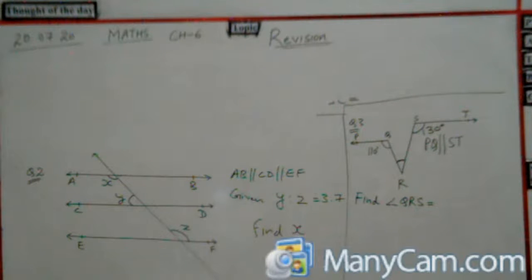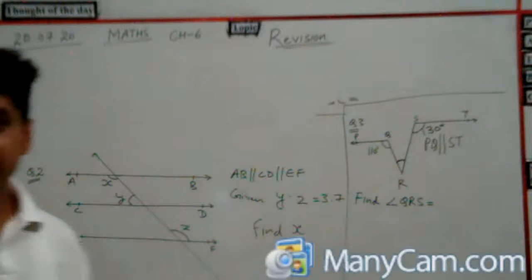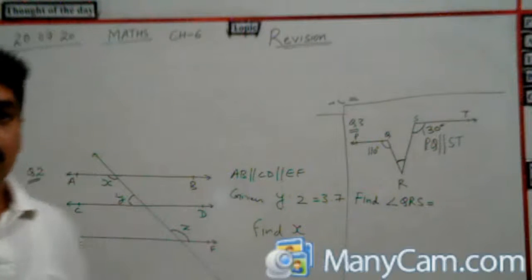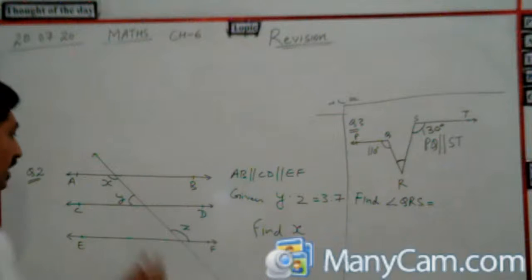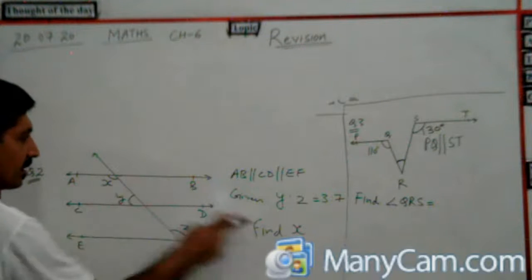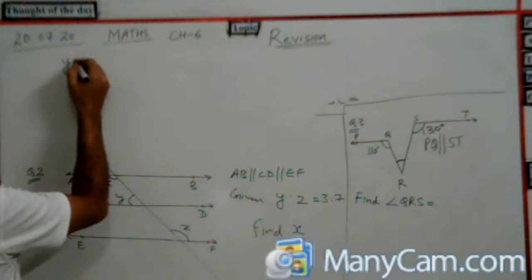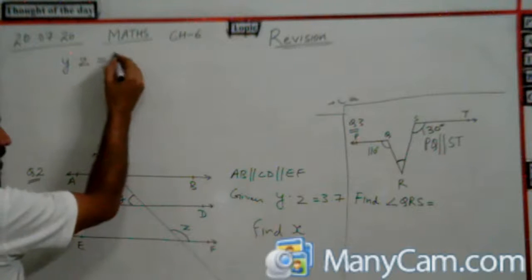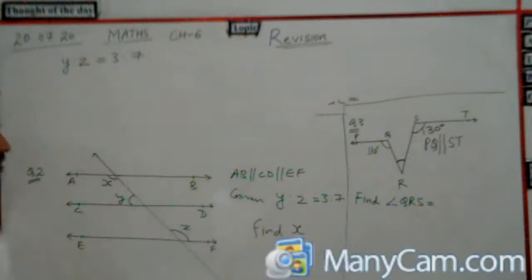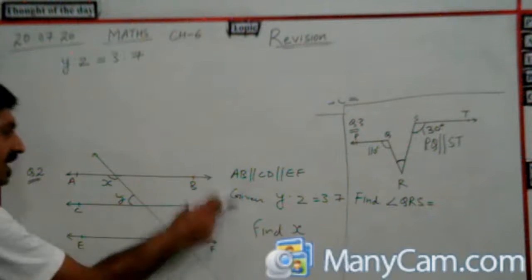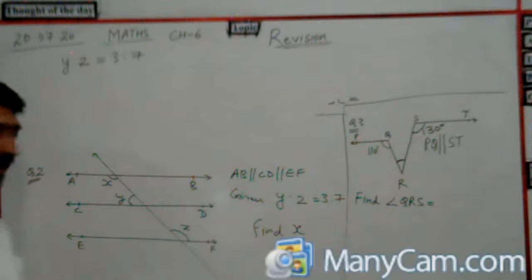Okay, no problem. Question number 2. Anyone, you can send me the value of x. Here y ratio z is given as 3:7. These 3 lines are parallel to each other and this line is the transversal.